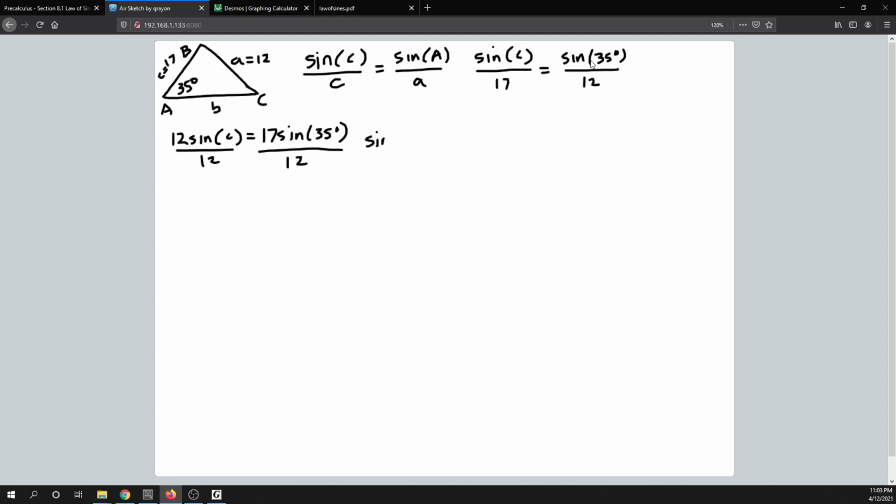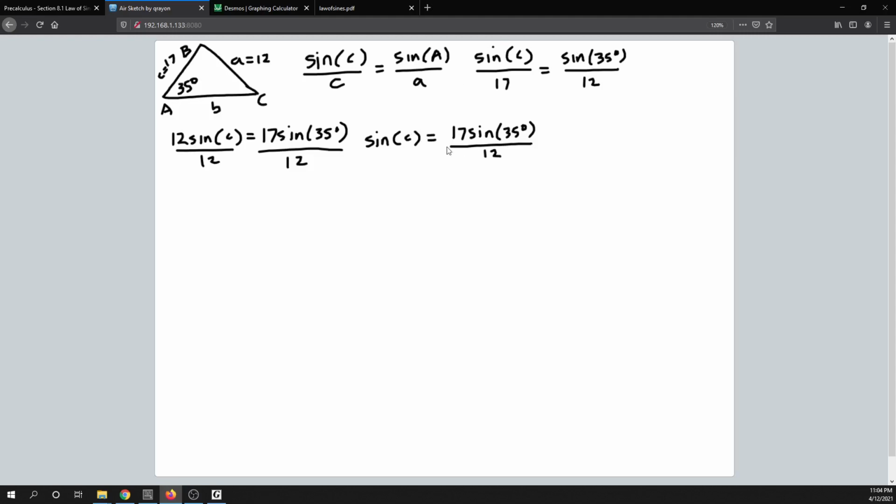So we get sine C equals 17 sine of 35 degrees divided by 12.